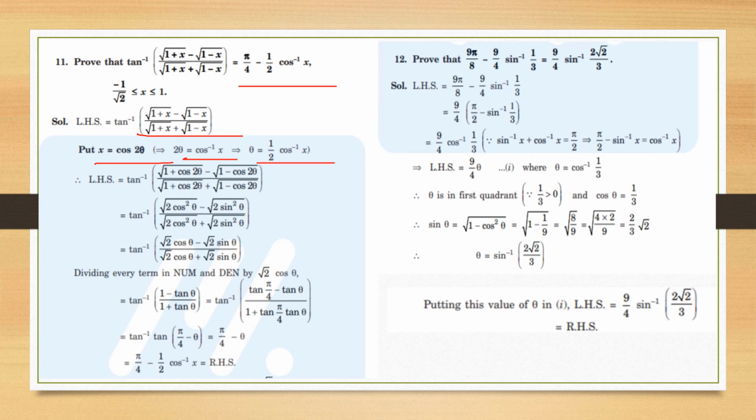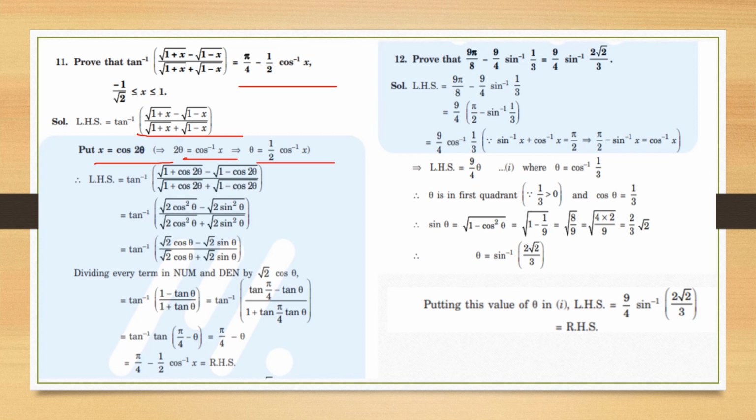So it becomes tan inverse of root 1 plus cos 2 theta, root 1 minus cos 2 theta, and the same in the denominator. Now the formula for 1 plus cos 2 theta is 2 cos square theta, and 1 minus cos 2 theta is 2 sin square theta. So replacing everything in numerator and denominator, I'll get this expression, right? Now take it out of the root, so root 2 I will get common from both numerator and denominator, and it gets cancelled. Outside the root it will be cos theta and sin theta, here also cos theta, and here also sin theta, right?